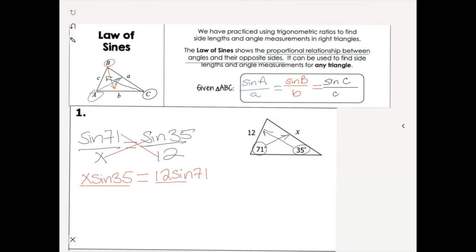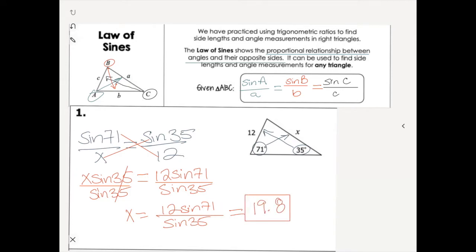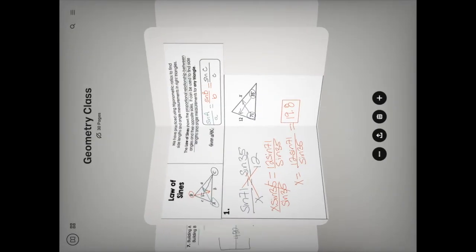So we're going to do the opposite, which is divide by the sine of 35. Then we have x is 12 times the sine of 71 over the sine of 35. If you put that in a calculator, you'll get 19.8 for the decimal approximation. Let's try another example.